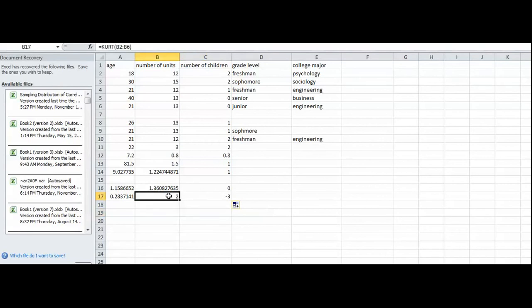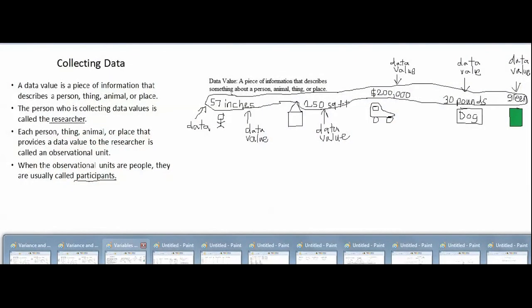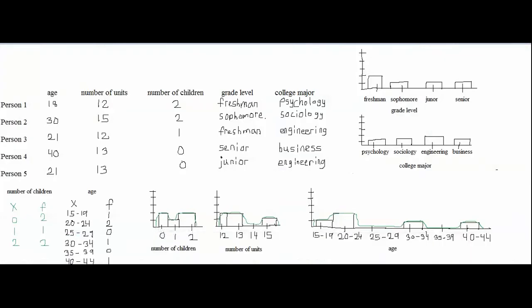So this is actually a pretty dramatic positive kurtosis, and this is actually pretty dramatic negative kurtosis. So let me look back at those 2 histograms to double check their shapes. So number of units positive, number of children negative. Number of children does look kind of flattened out, so that's why it has that value of -3 for kurtosis.